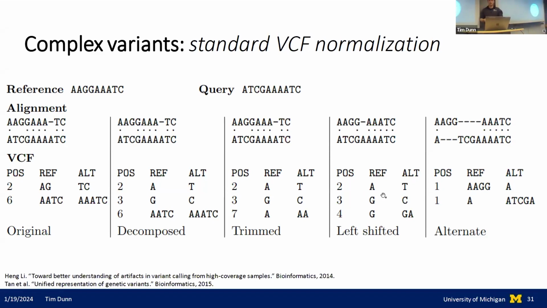So instead of using two substitutions and one insertion, you could also use one deletion and one insertion to represent the same variation. So the problem that we're trying to solve is how do you choose between these two representations and decide which one is better?